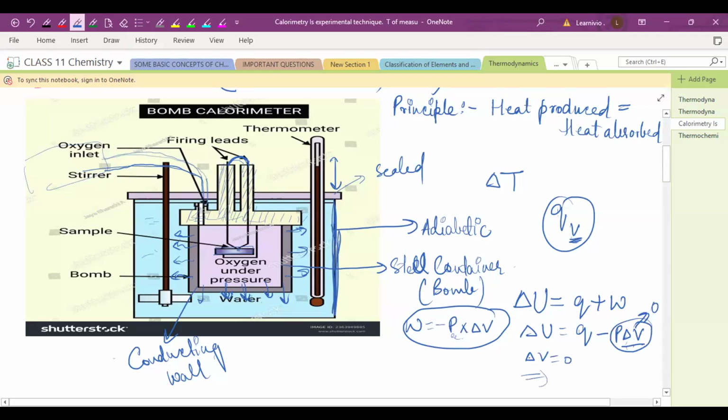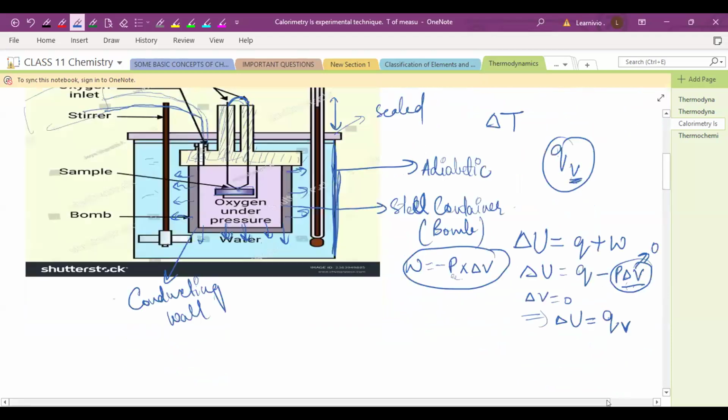So when the change in volume is 0, the change in internal energy will be equal to Q. The change in internal energy is equal to the heat released, the heat which is evolved, and the heat evolved is monitored by this thermometer. So you can write QV, which is basically the heat at constant volume.